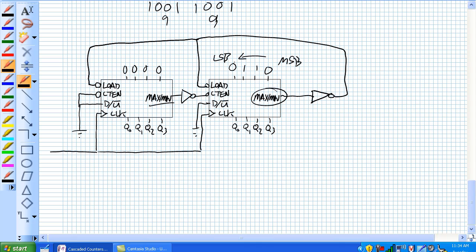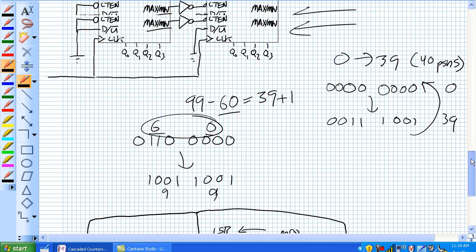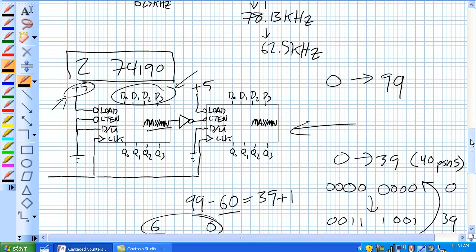It starts at 60, counts to 99, goes back to 60, counts to 99. In our earlier case, when we did full modulus counting, notice that we kept our active low loads at +5 and had no data inputs. Okay, so that's a quick discussion about cascaded counters, and we're going to move on to counter decoding.